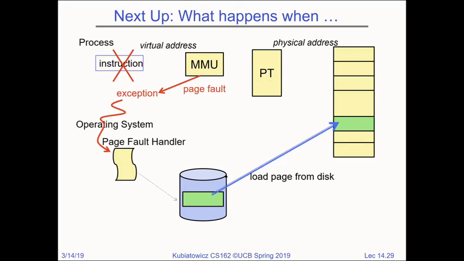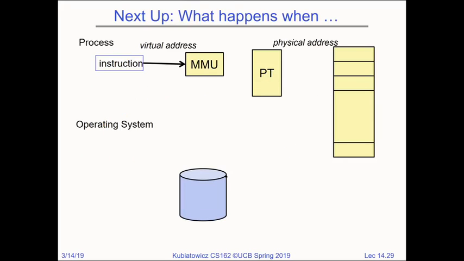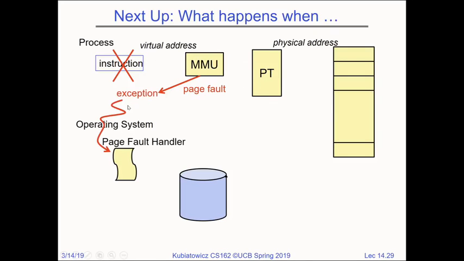And I wanted to just show you this last little exception again. So remember all that stuff about precise exceptions. That's all to make this easy, right? So we take the instruction, it tries to look something up. It goes to the page table. The page table entry ends up being invalid. We get a page fault, which goes into the kernel. And at the time when we take this exception, since it's a precise exception, the state is all saved for us, and we can easily restart exactly where we were when we faulted before.